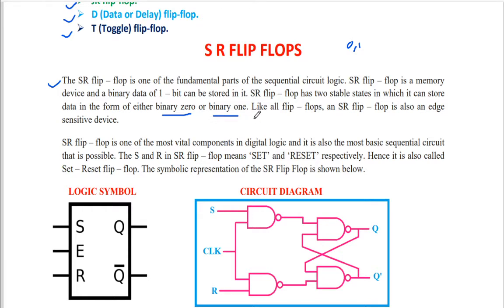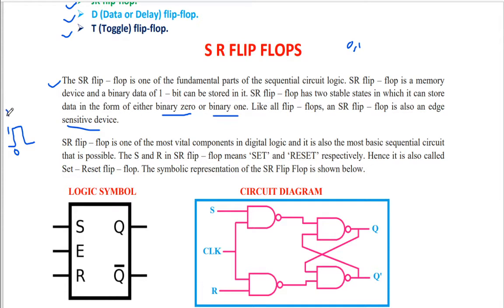Like all flip-flops, the SR flip-flop is also an edge sensitive device. Now, edge sensitive device in the sense what? The data we apply to this flip-flop gets applied whenever the clock is changing from 0 to 1.